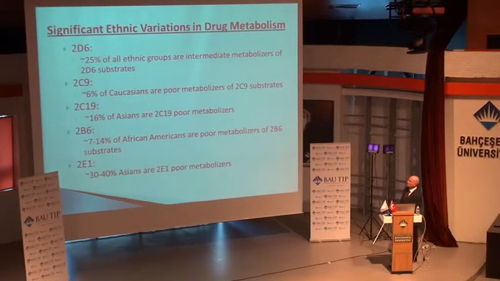Coming to this, we have significant ethnic variations. You know, 2C9, 6% of all Caucasians, this is us, 35% 2C6, and so on. Here, 2E1, 30 to 40% of Asians are 2E1 poor metabolizers.